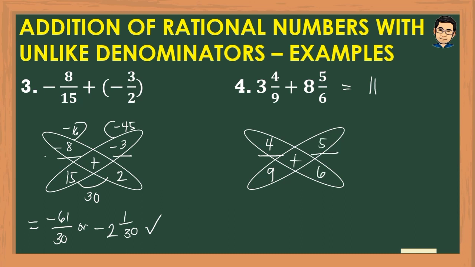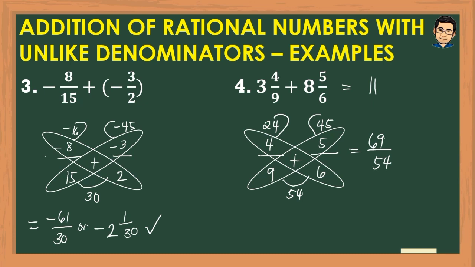And then we multiply diagonally again. 4 times 6, that is 24. 9 times 5, that is 45. Next, 9 times 6, that is 54. Next, 24 plus 45, that is 69 over 54.